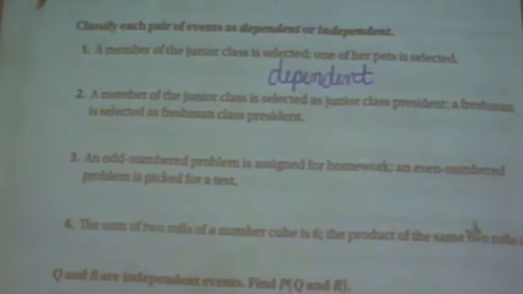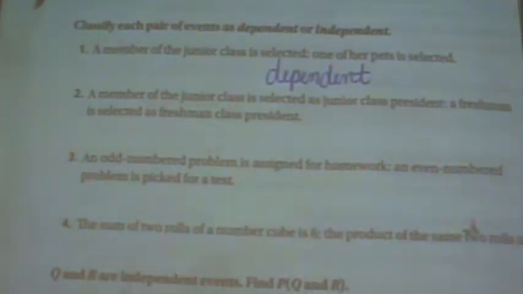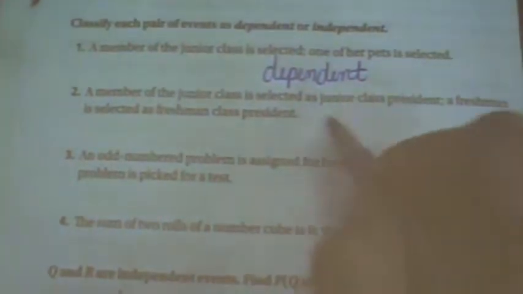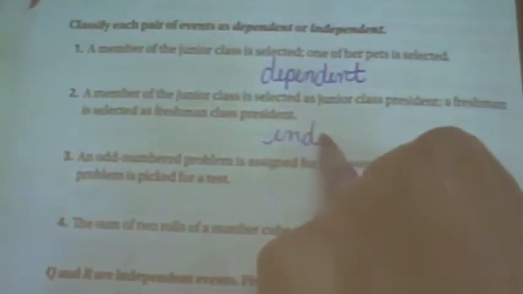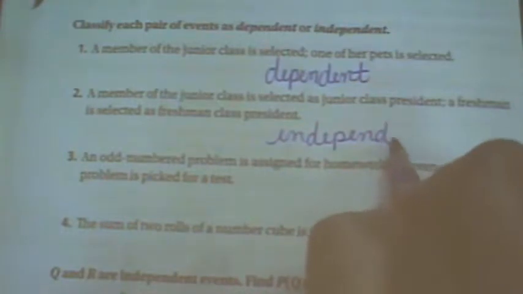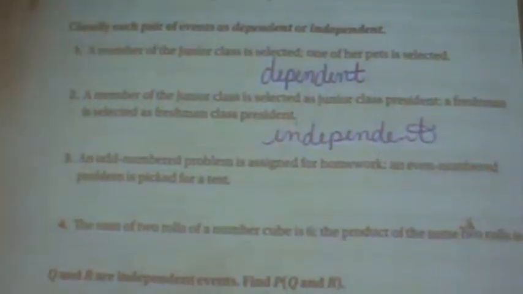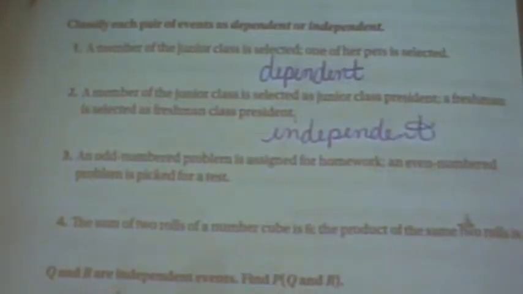Number two, a member of the junior class is selected as the class president, and then a freshman is selected as freshman class president. Does it matter who you pick as a junior? So these are independent. Independent events. I spelled that wrong, right? No, I guess I did spell it right.